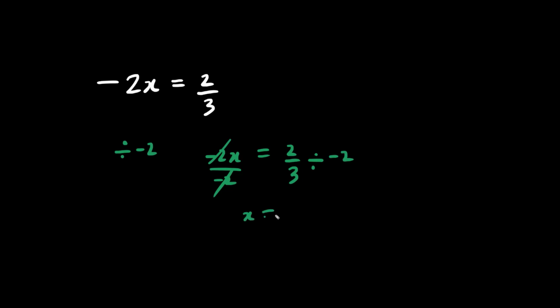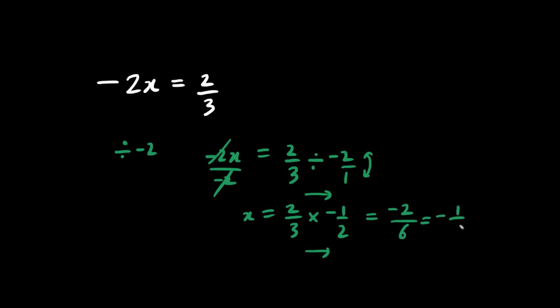So we have x equals 2/3 divided by negative 2 over 1, which becomes multiplication if we switch these. So we have multiplied by negative 1/2. We multiply across, we have negative 2 over 6, and we reduce this as negative 1/3 as our final answer.